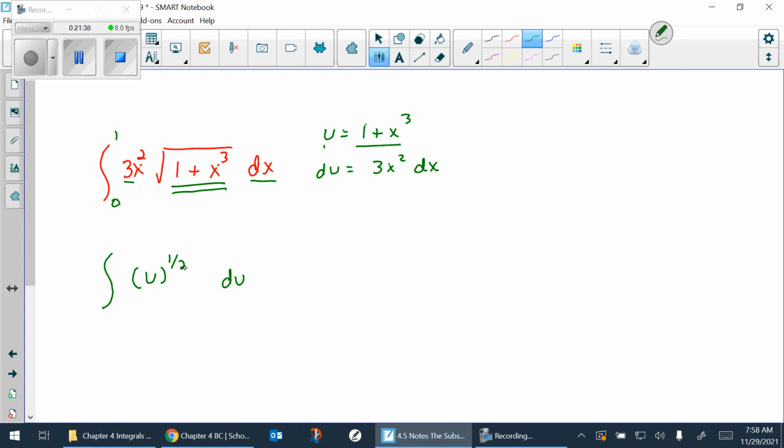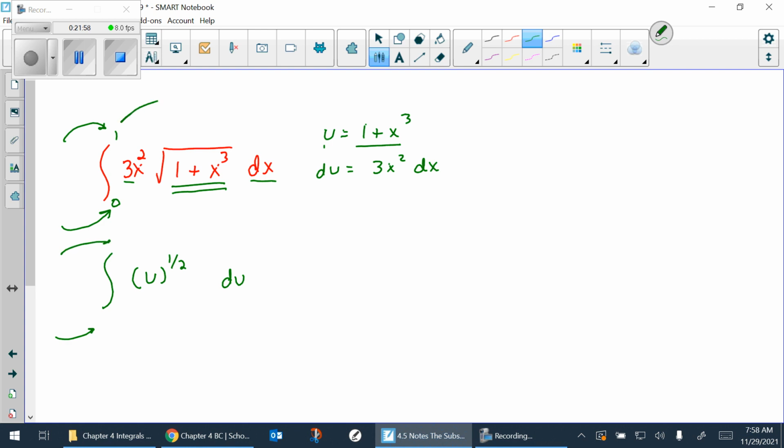But because I changed my variable from x to u, remember that these things right here are x values. When I rewrite my integral, I need these to be u values.